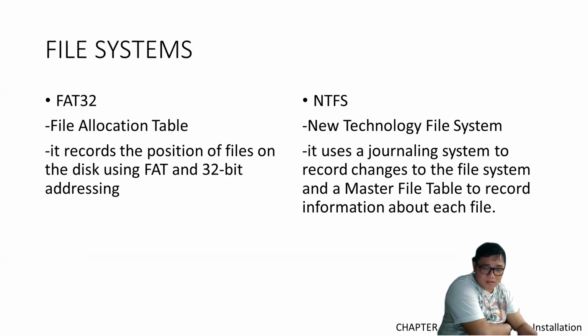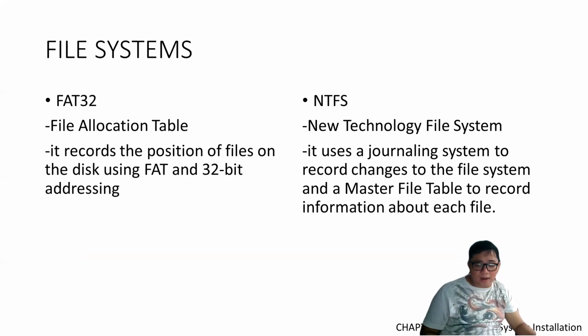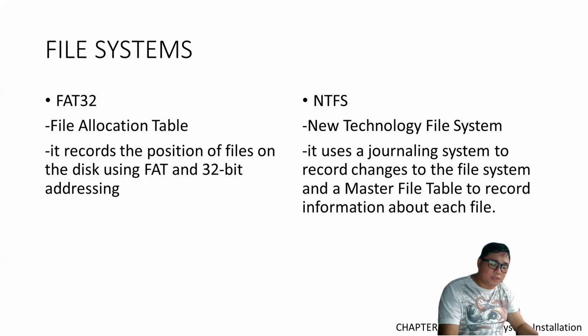NTFS is the New Technology File System. It uses a journaling system to record changes to the file system and a master file table to record information about each file. So which do you think we use? We are on the New Technology File System, because the majority of computer systems run on 64-bit addressing. We are no longer on 32-bit.